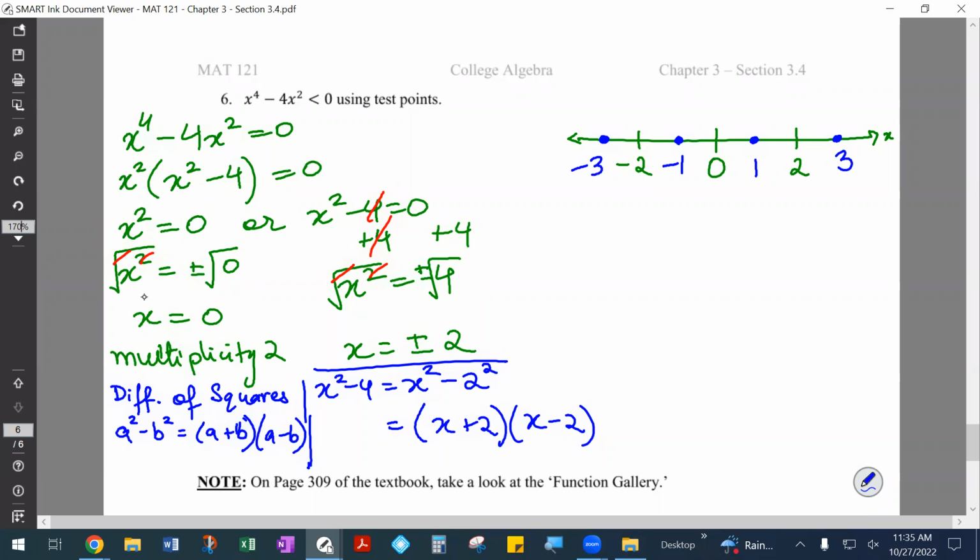So now what you do is you take each of the test points and put it into the original polynomial, and then you see, is my y value going to be positive or negative? That's how we know what the sign is going to look like. So let's do our test points.